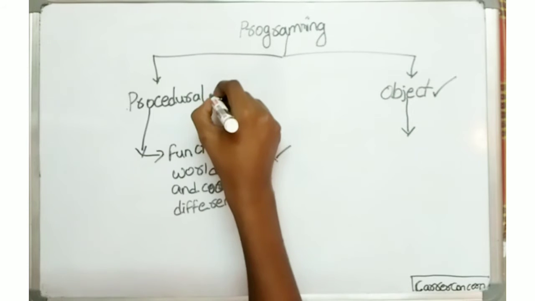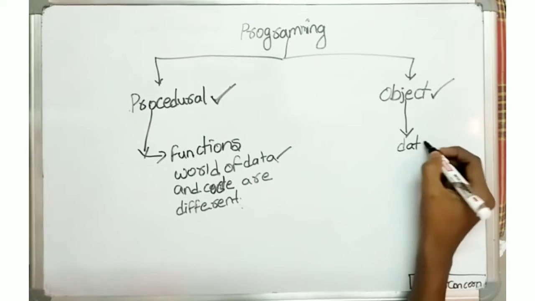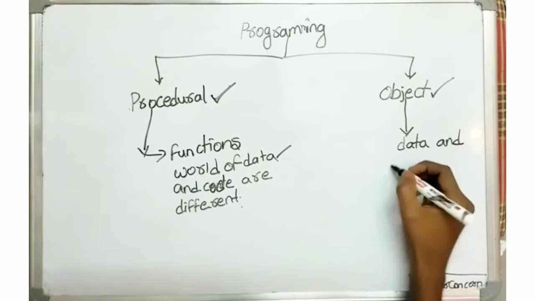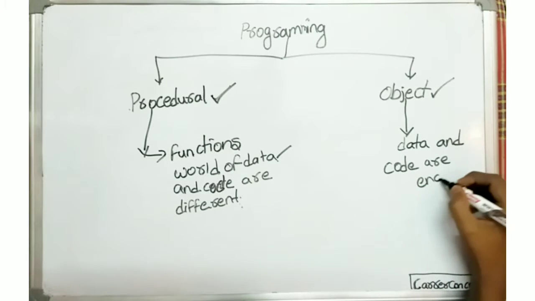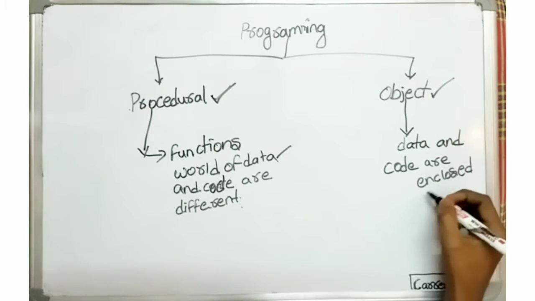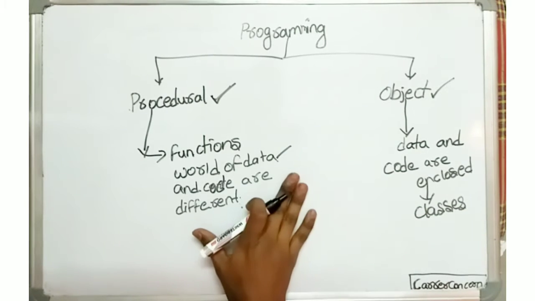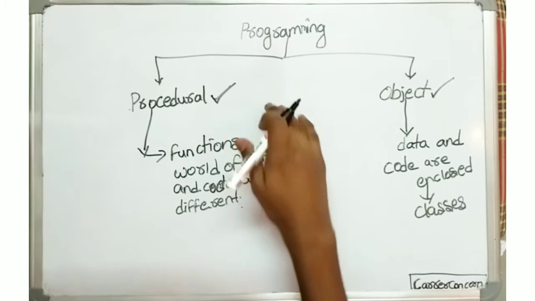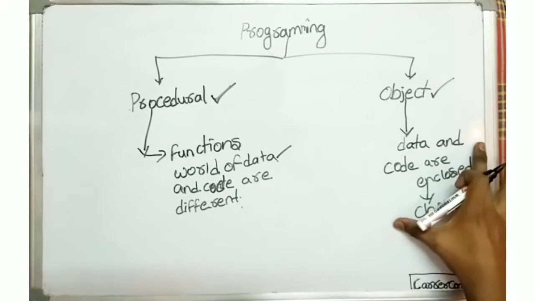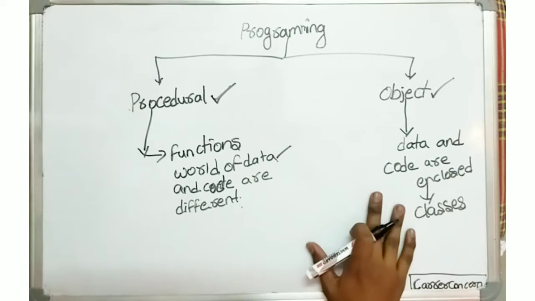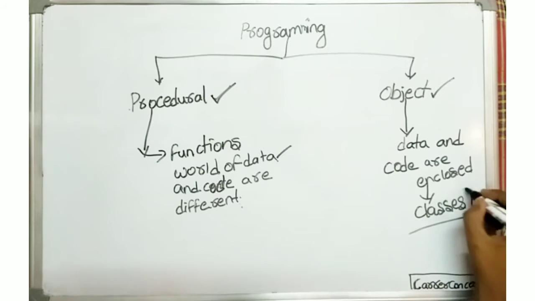While coming to the object-oriented approach, data and code are enclosed together, and they are divided into classes.